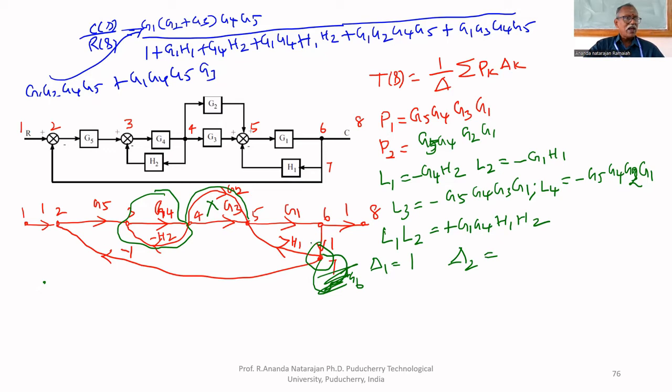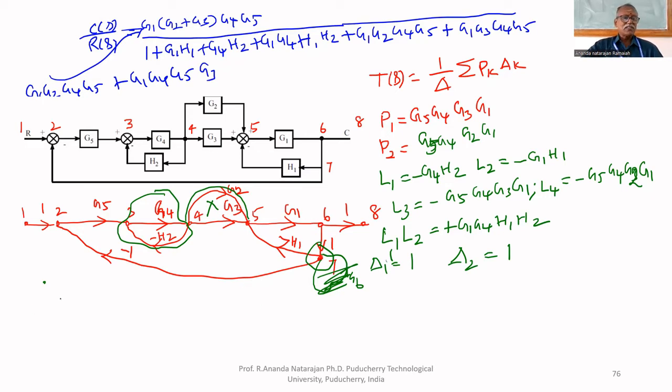The loop should not touch the forward path. Here 7 has one loop, G1, H1, but it is touching the forward path. We need the part of the graph which is not touching the forward path, but only one node is not touching. There are no loops which are not touching the forward path. Therefore, delta 2 also equal to 1.